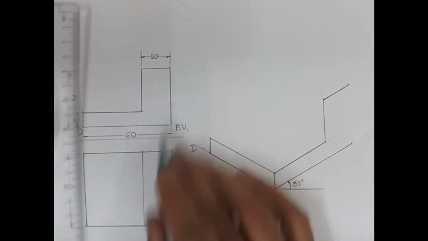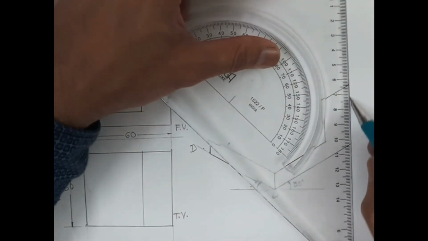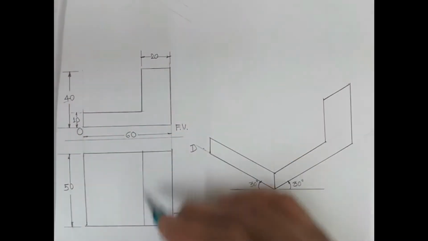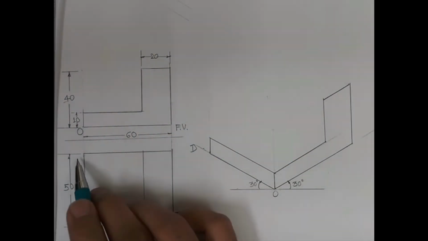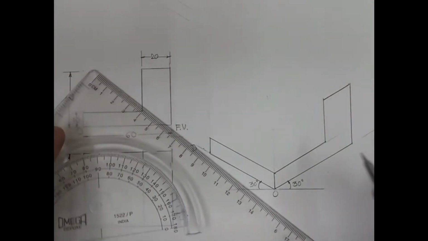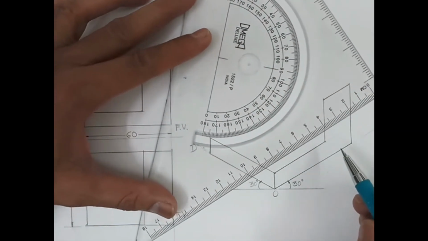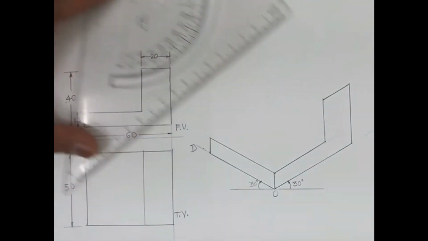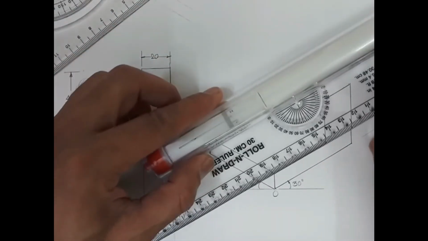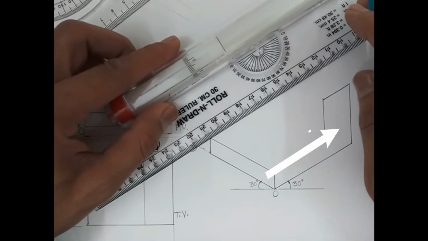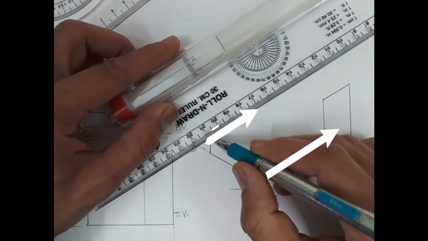In the front view, this part is seen, so if you see the front view you will get this kind of shape. But in the top view it has a width equal to 50 mm. So now from here we have to construct in such a way that we get the required width of 50 mm. I am giving this width to the object by drawing a line parallel to this.